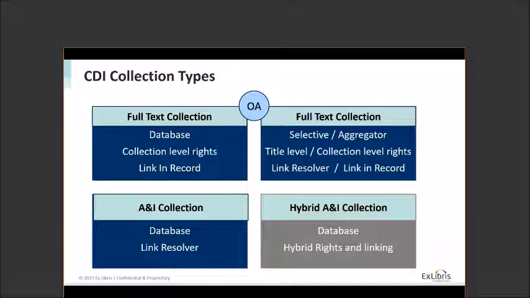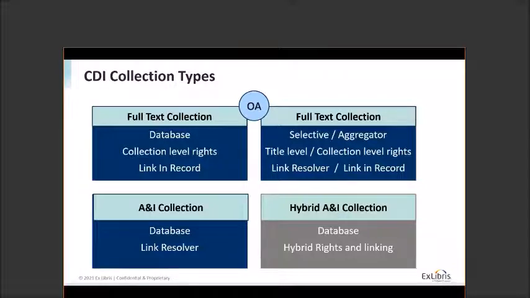As I explained before, we can rely only on the collection identifier that will match between the collection and the CDI records, the DB ID. Because we don't have a title list, we also use in-record linking, which means that we will rely on the direct link in the record to take the user directly to the provider's platform.